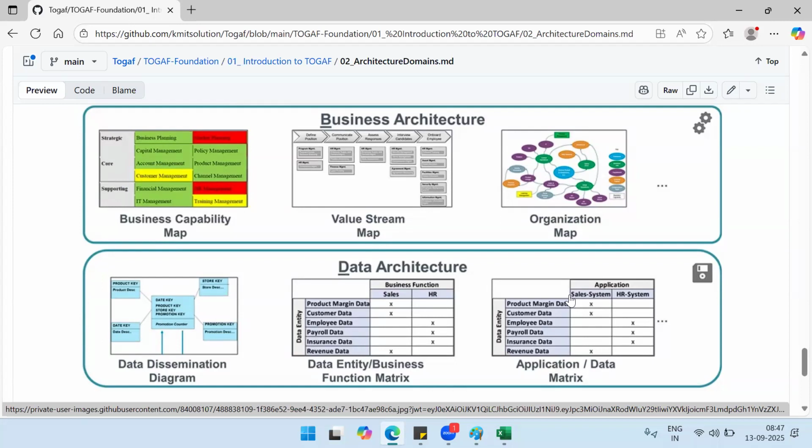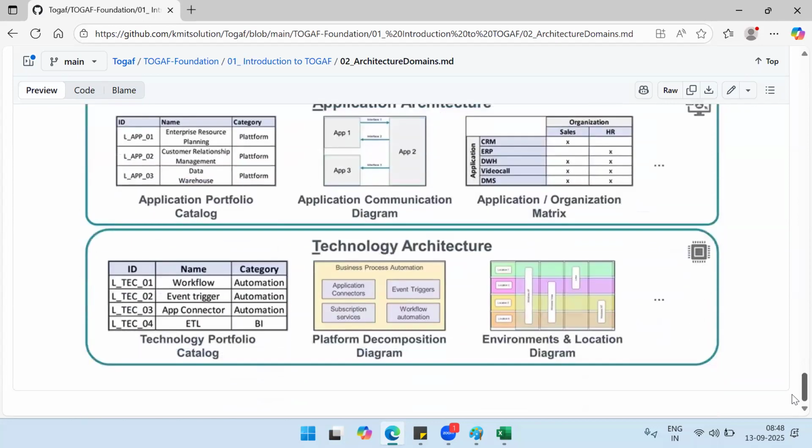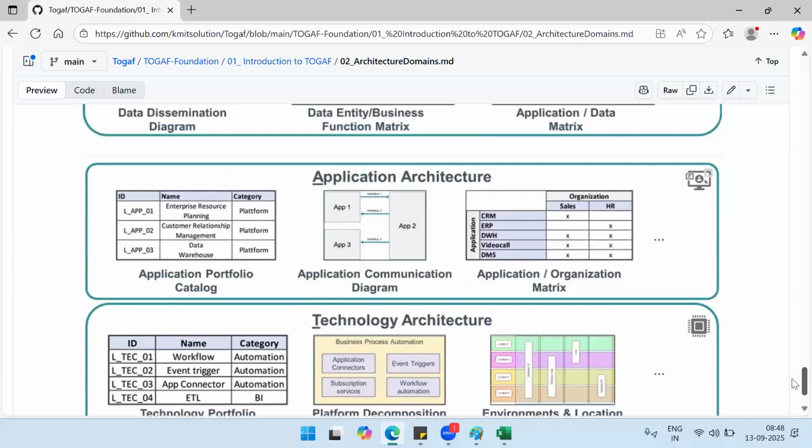So these things are basically required. They need a business capability. They need to know the business planning, the business process, the different strategies, and how the data will be arranged. So ideally, yes, they need to follow this. Right, got it. Thank you.